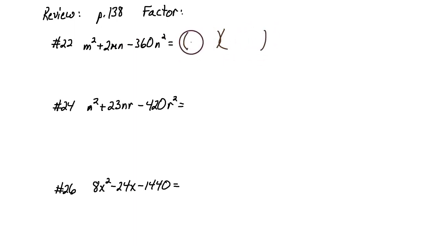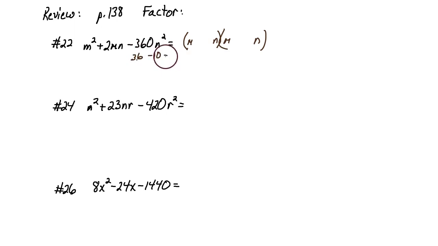M times m is your m squared. Now what times what is negative 360 n squared? Both of them will need an n. Now let's put some thought into making negative 360. There's lots of possibilities. Because it's negative 360, one of our numbers must be positive and one of our numbers must be negative. One possibility would be 36 times negative 10.